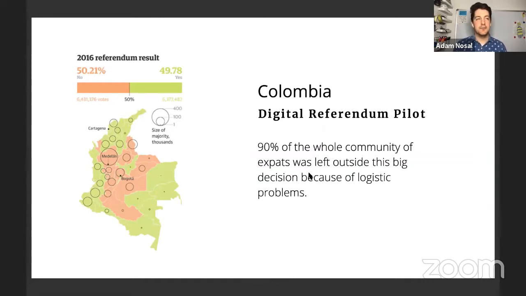My first encounter with them was they did a pilot in Colombia, during the 2016 referendum in Colombia. They had a peace referendum. And what Democracy Earth were involved in doing was they offered their platform as a way for citizens to engage.